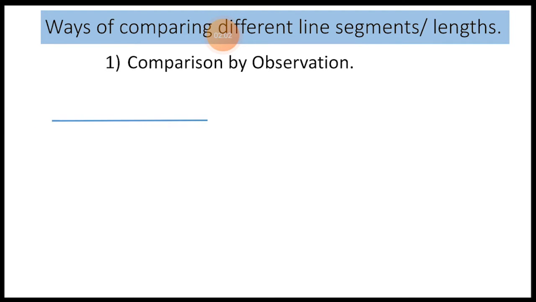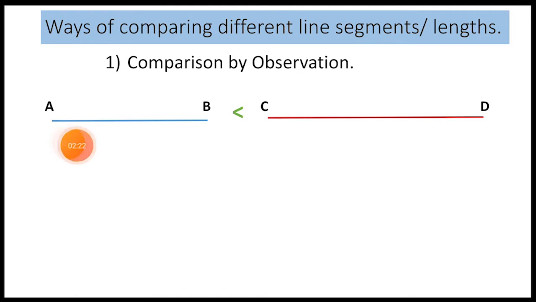So children, you see here we have taken a line segment, that is AB, and we have again taken another line segment as CD. So you can tell even by observation which of these two line segments is greater. So you can see that here CD is greater than AB.